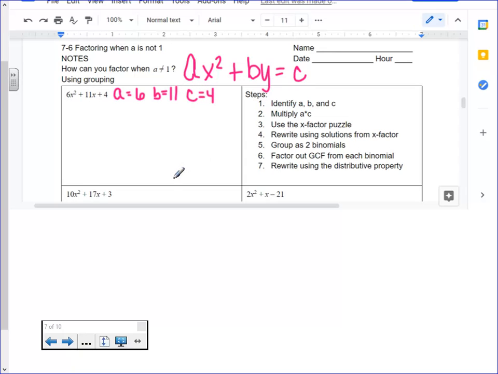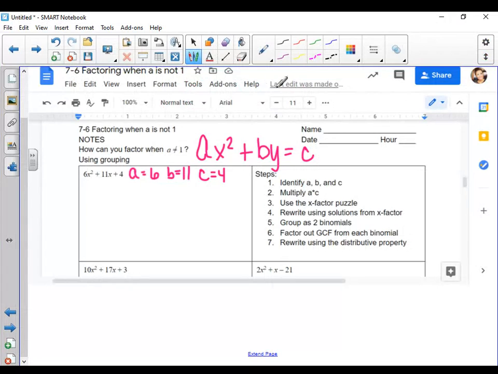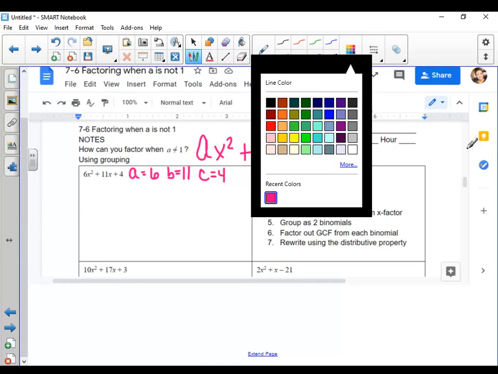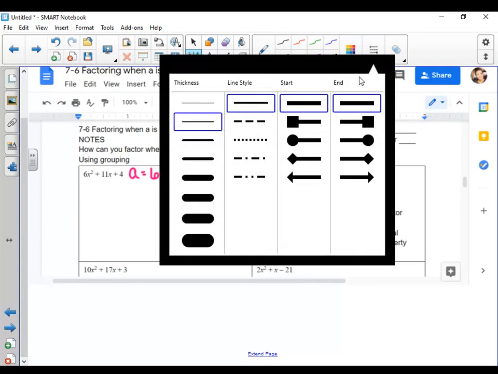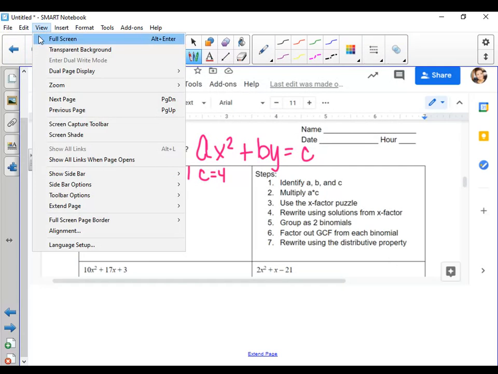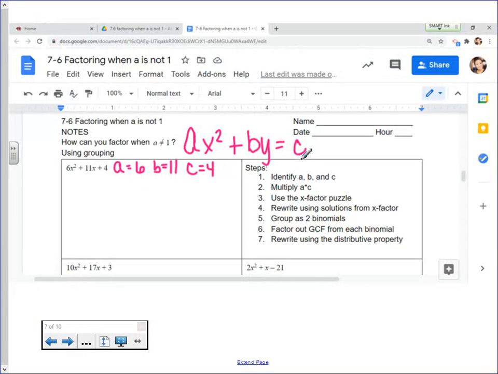Now that you know what A, B, and C are, it actually lists all your steps out for you, but I'm going to make sure we're clear on them. It says identify A, B, and C. We did that. You're going to multiply A times C. What is 6 times 4? That's going to be the top number of your little puzzle thing.